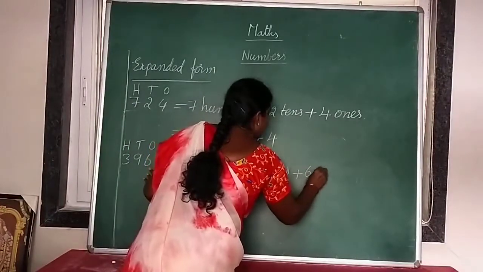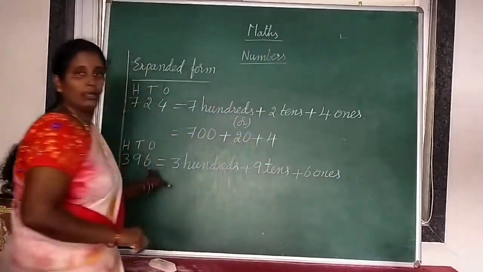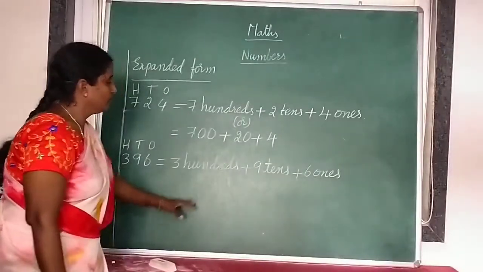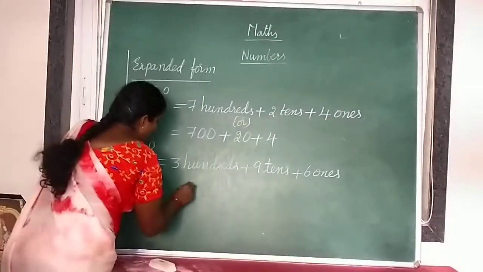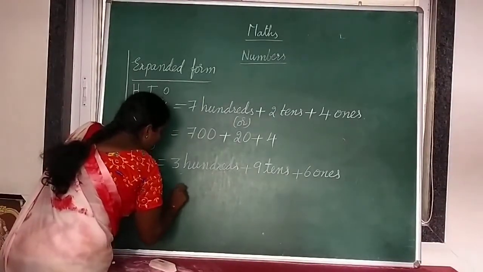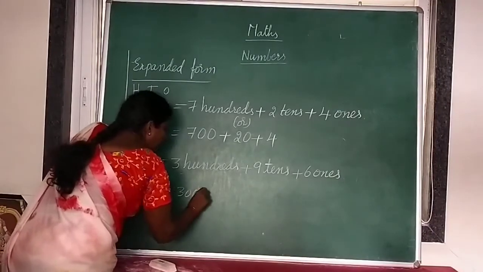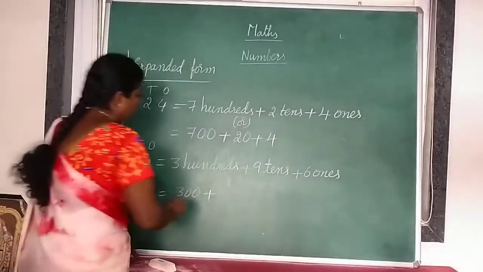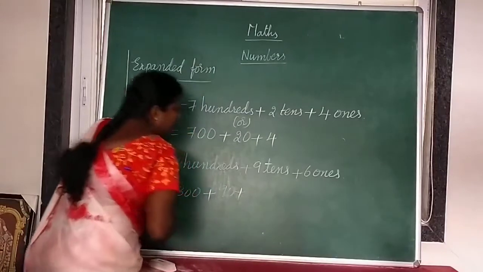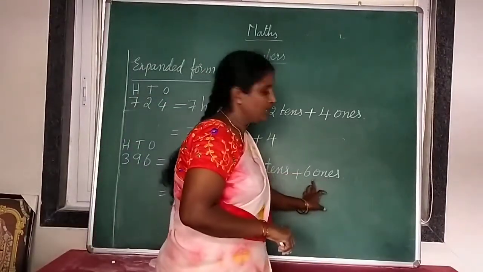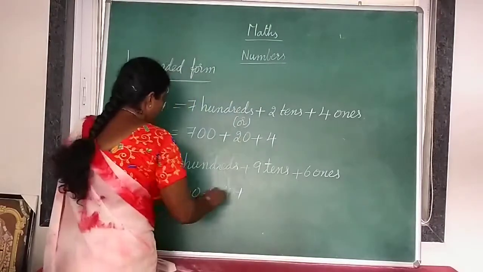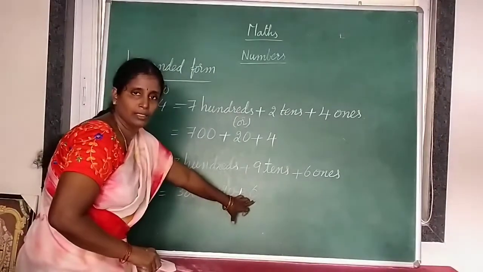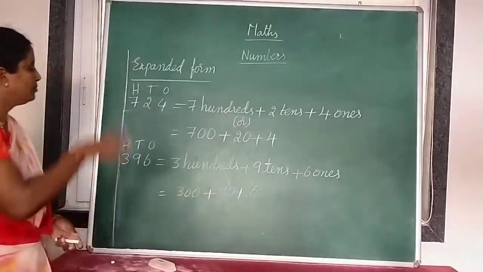Now in another way, 300 is nothing but 300 plus 9 tens. 9 tens is nothing but 90, plus 6 ones. 6 ones is nothing but 6. So 300 plus 90 plus 6. Understood? Yes.